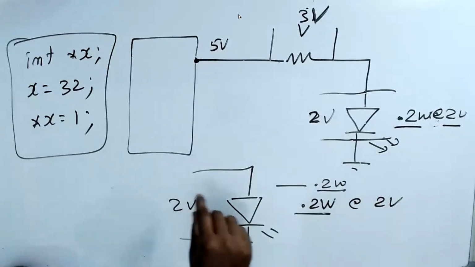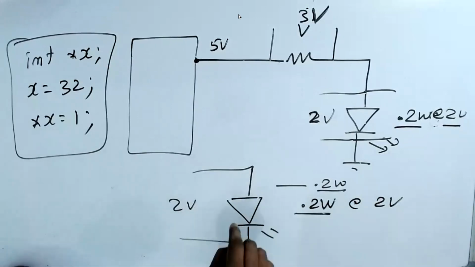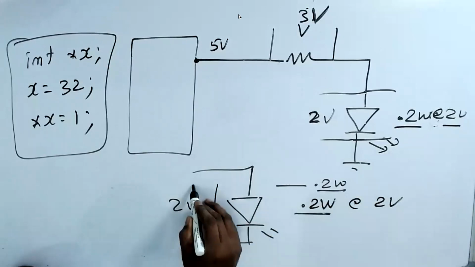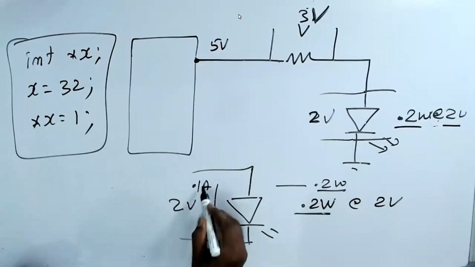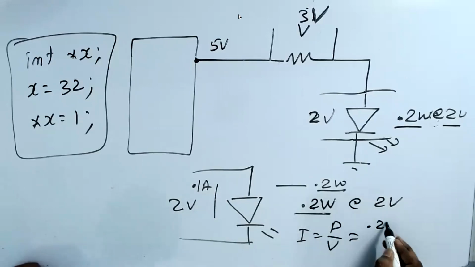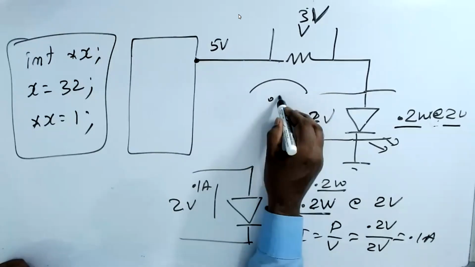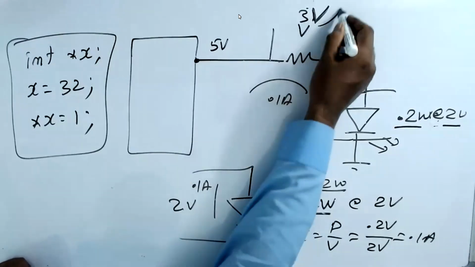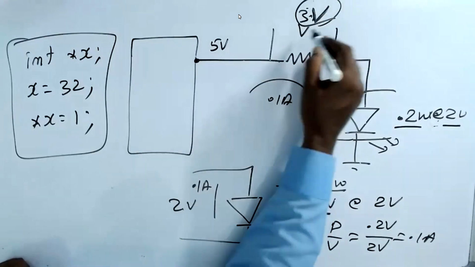If you apply 2 volts, how much current will it take? It needs 0.1 ampere, because I is equal to P by V. P is 0.2 watts divided by 2 volts, which is equal to 0.1 ampere. So the current is going to be 0.1 ampere. Now the voltage across the resistor is 3 volts. So V is equal to IR.